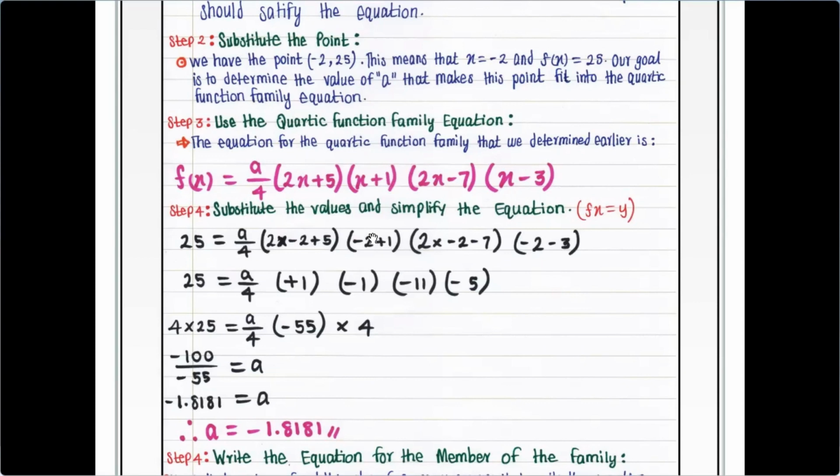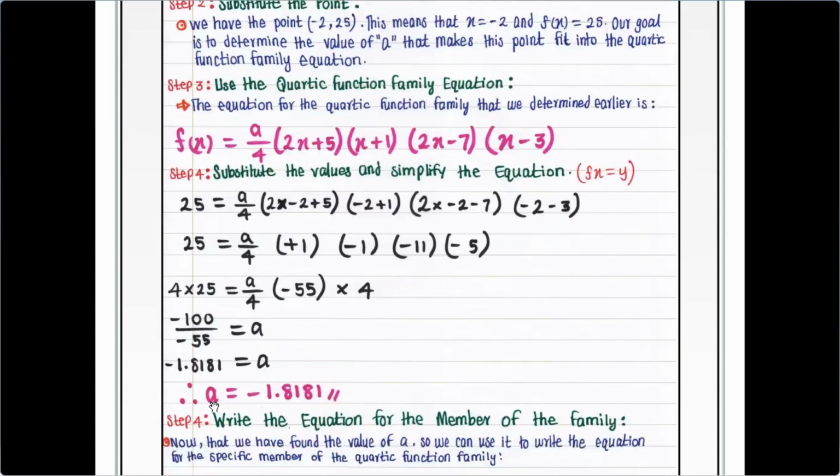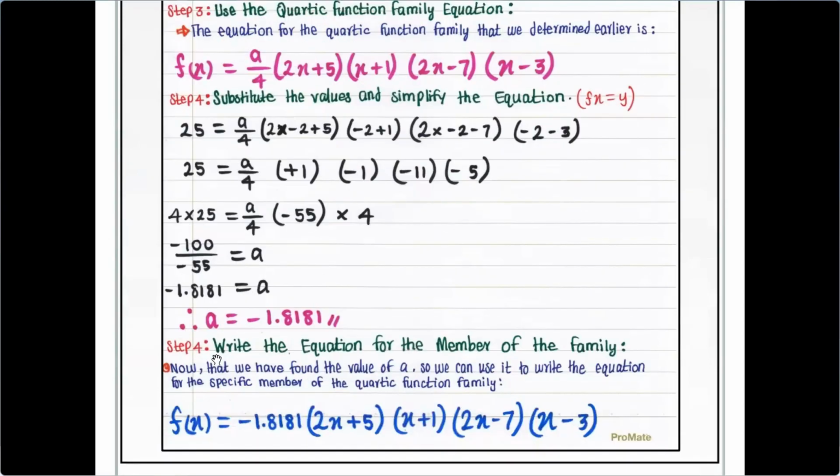Step 4, substitute the values and simplify the equation. If we simplify the equation, we will get a as minus 1.8181. So step 4, write the equation for the member of the family. Now that we have found the value of a, we can use it to write the equation for the specific member of the quadratic function family.